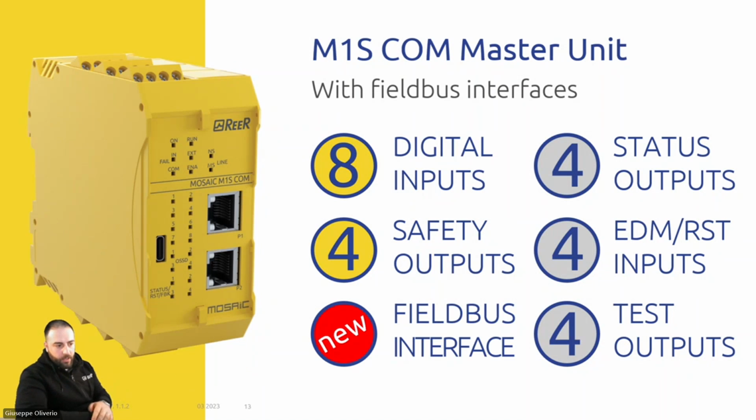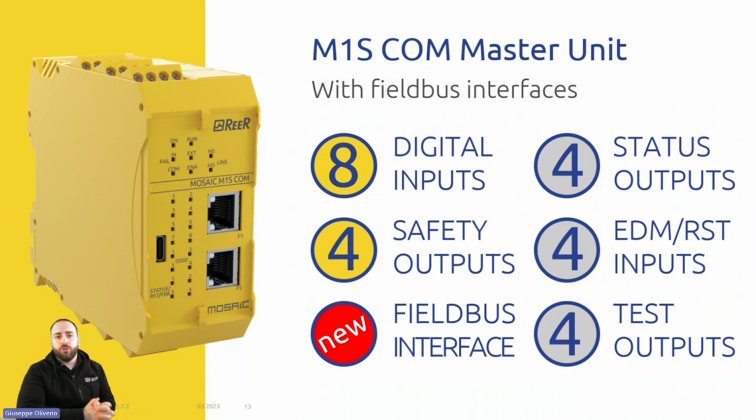And the M1S COM, from the input-output point of view, is the same as the M1S, but the M1S COM now has the fieldbus interface on board. So we are able to exchange data with a PLC at a higher level and also do the remote connection for monitoring, for example, directly on the controller.